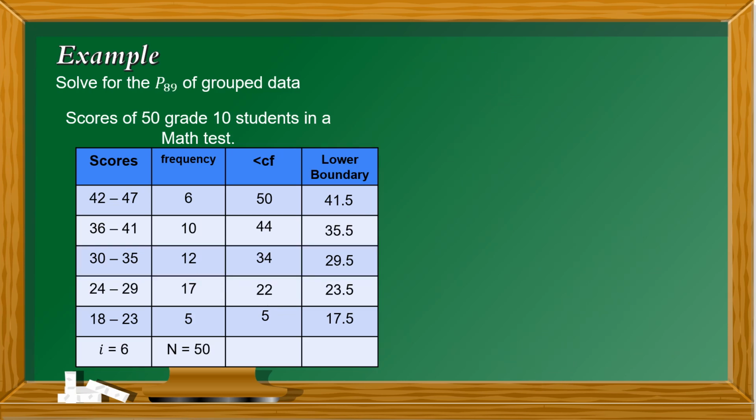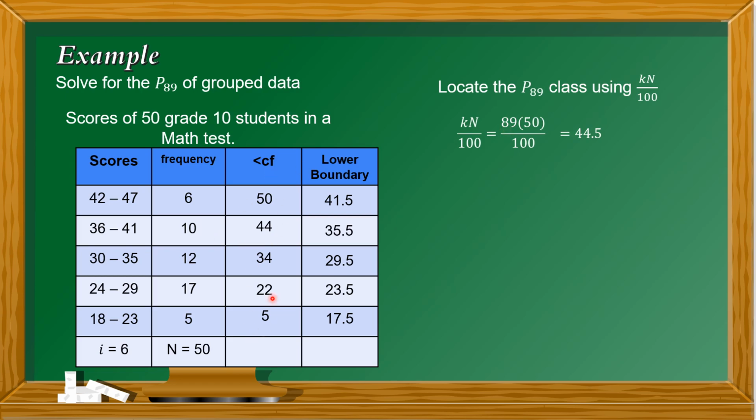Para sa ating third example, solve for the 89th percentile of group data. Locate the 89th percentile class using kn over 100. Substitute the value of k by 89 and n by 50. 89 times 50 over 100 is equal to 44.5.